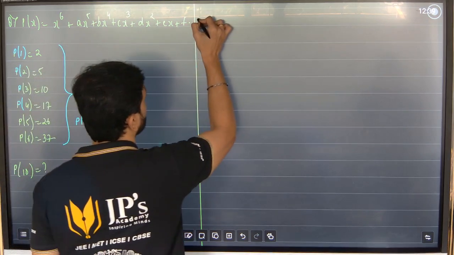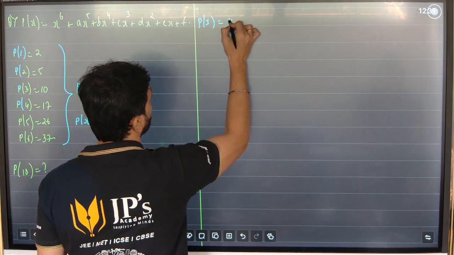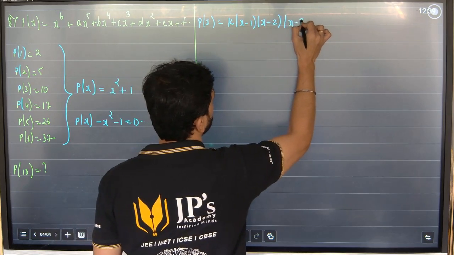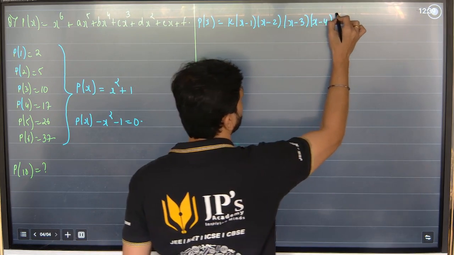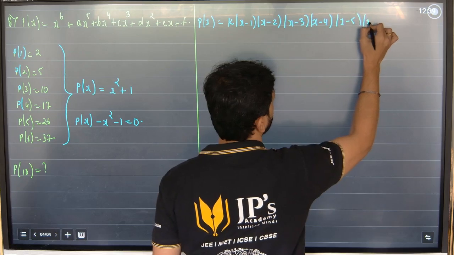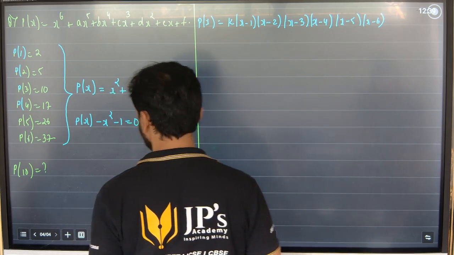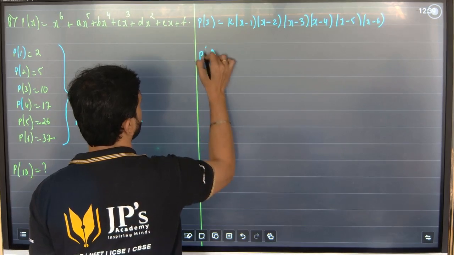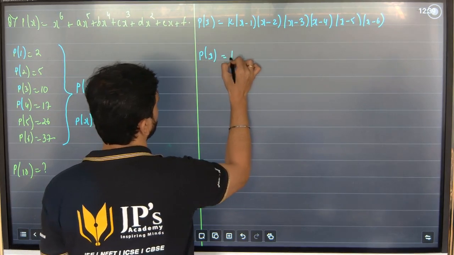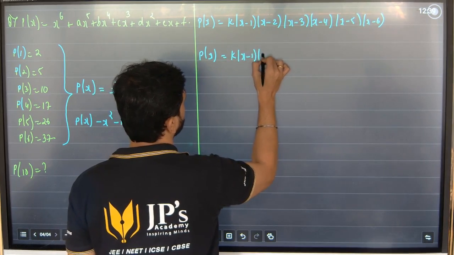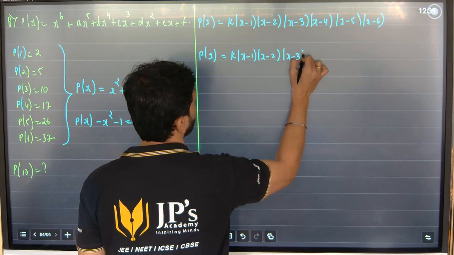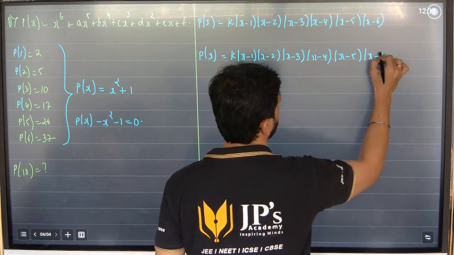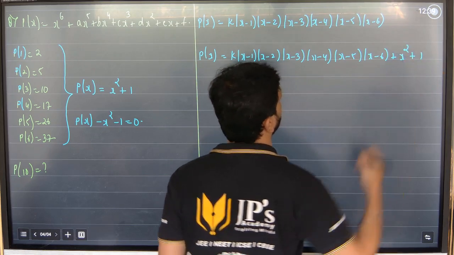Coming back to this, P of x minus x square minus 1 is nothing but k into x minus 1, x minus 2, x minus 3, x minus 4, x minus 5, x minus 6. Therefore, if I equate both the two, I will get P of x is equal to k into x minus 1, x minus 2, x minus 3, x minus 4, x minus 5, x minus 6 plus x square plus 1.